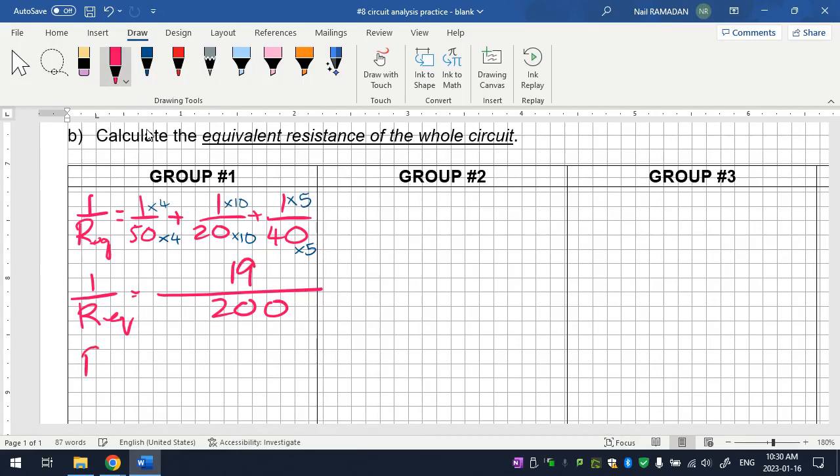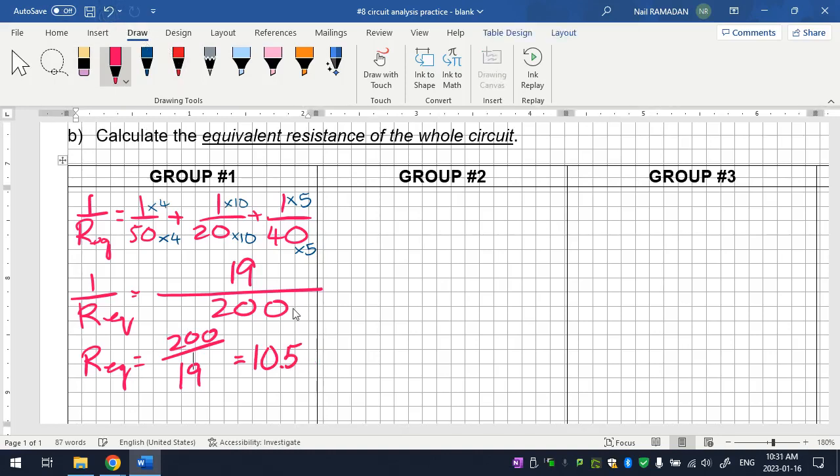So REQ is equal to 200 divided by 19. How much is that? 10 point something. We should get 10 point 5.2. Thank you. 10.5. All right, everyone, 10.5.